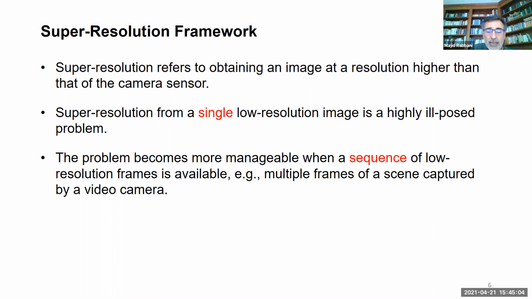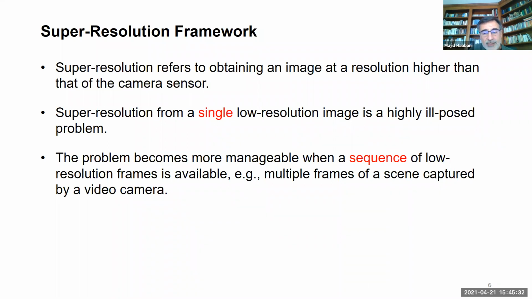So you could see the difference between what we call the example-based algorithms, which are more the deep learning ones, and the old ones that look at frames of video. The computational-based approach looks at a sequence of frames, takes one that is low resolution, and uses the information in all the frames to improve the resolution of the image.